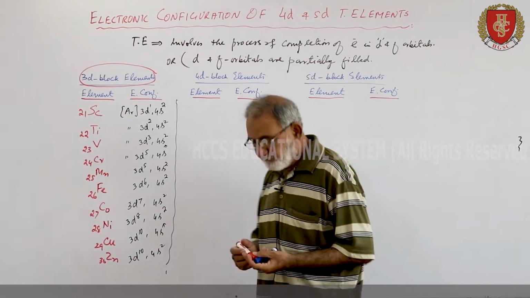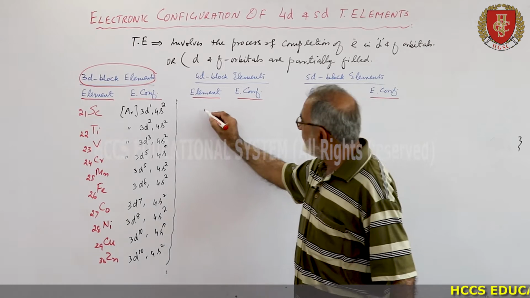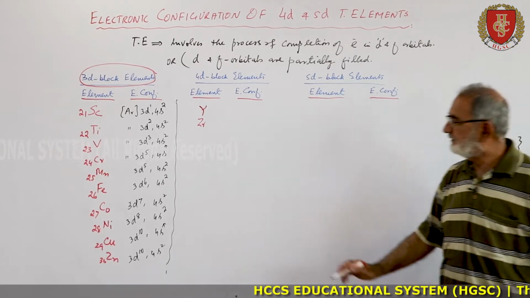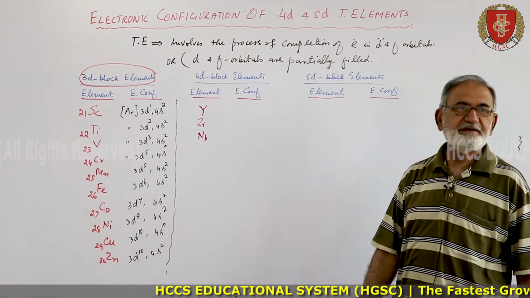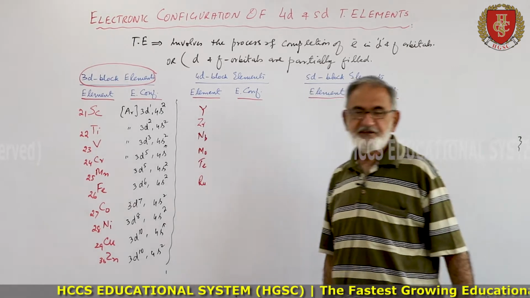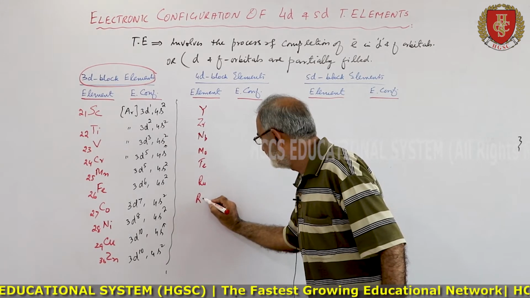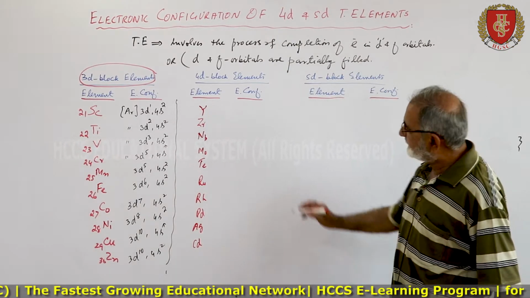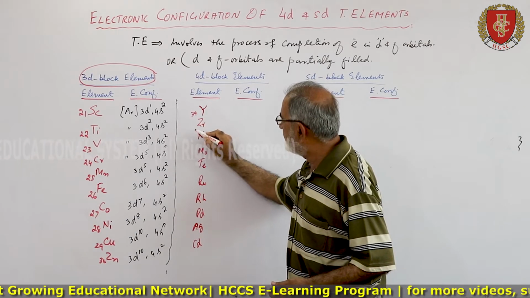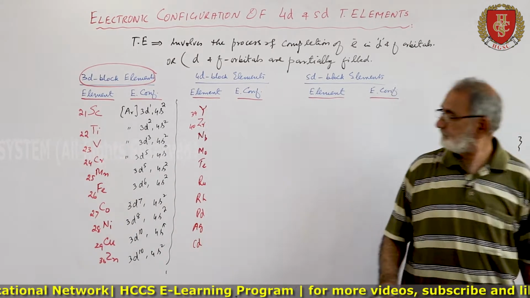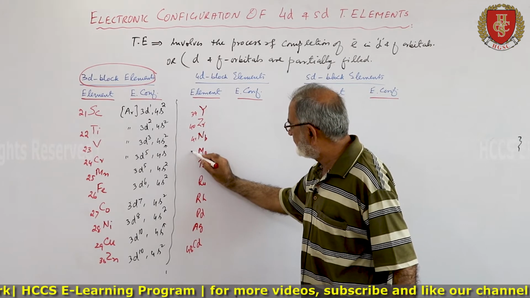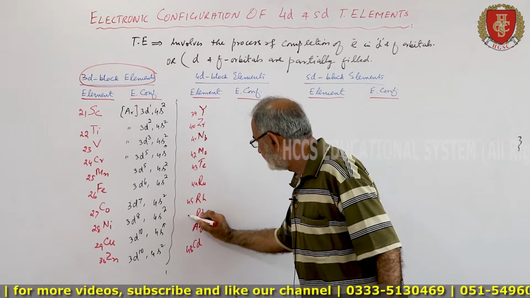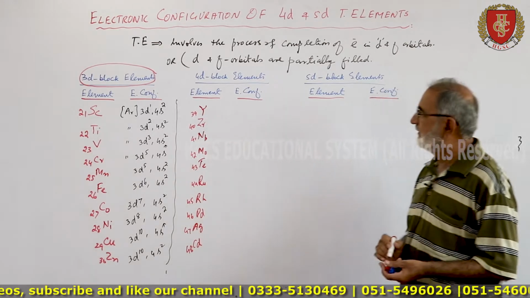Now we come to the other series, that is yttrium, zirconium. These are the elements which are included in this series. This is molybdenum, ruthenium, rhodium, palladium, silver, cadmium. This is 39, 40 up to 48, that is 41, 42, 43, 44, 45, 46, and 47.